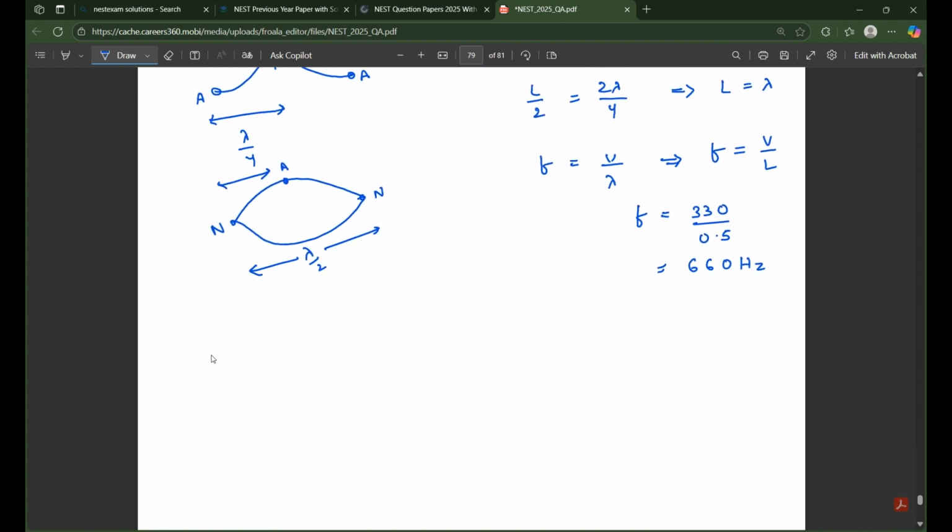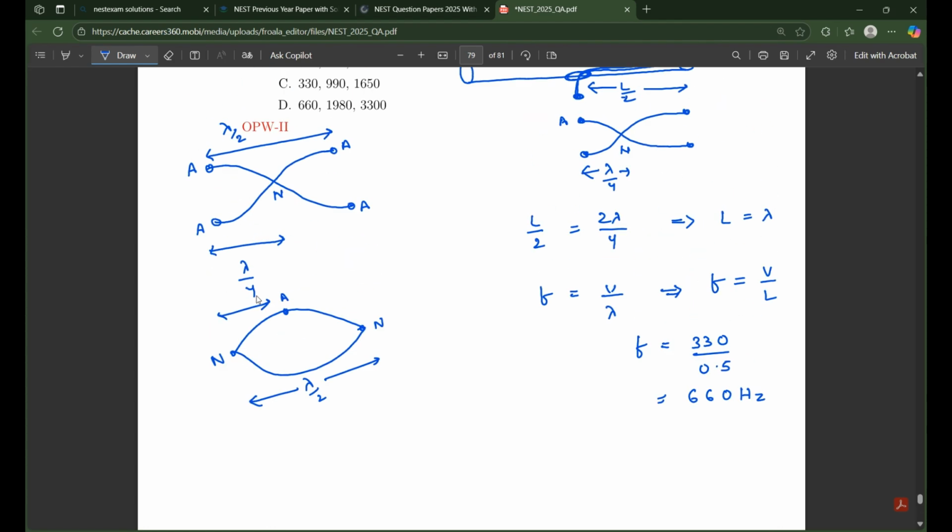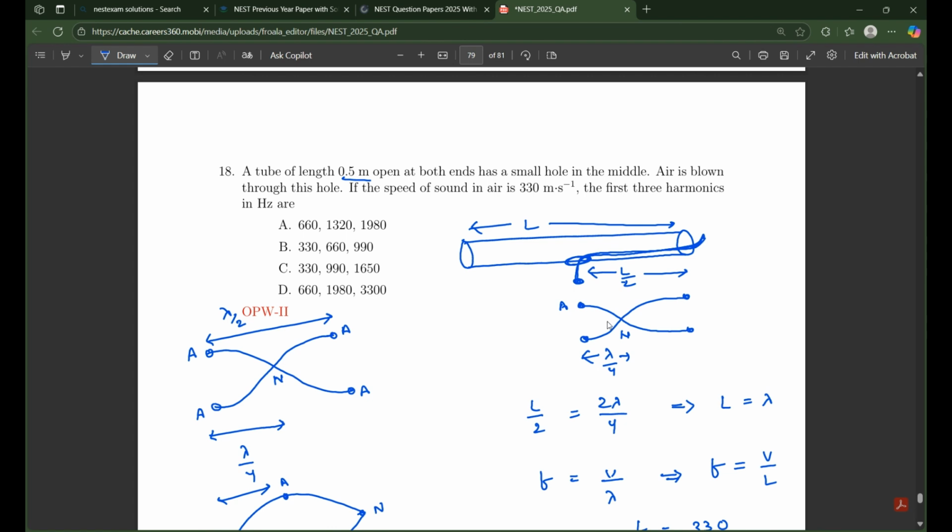Now it says we have to calculate the first three harmonics. So the first harmonic is this. Now for the second harmonic, what will be the case? For the second harmonic, this wave will be slightly different. There will be two nodes formed. It will be something like this. Now here we have two nodes formed, one node is this, the second node is this, and we have three antinodes.